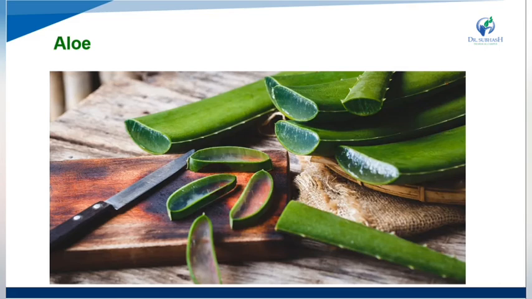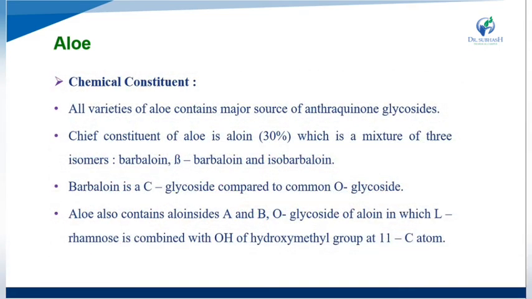Now we see the chemical constituents of aloe. All the varieties of aloe contain anthraquinone glycosides as the major source. The chief constituent of aloe is aloin, around 30% of which is present in the anthraquinone glycoside.